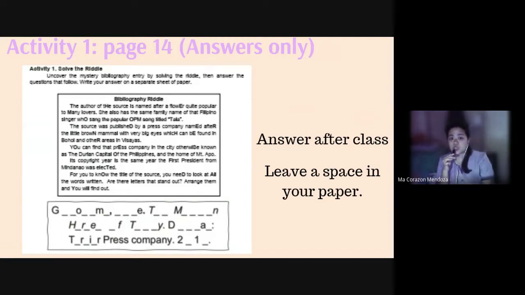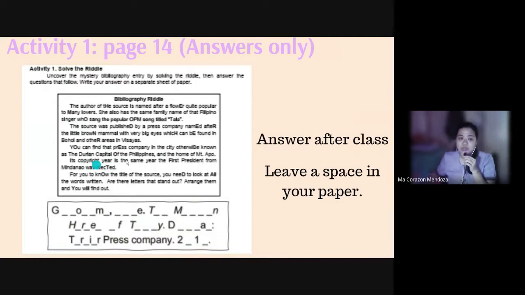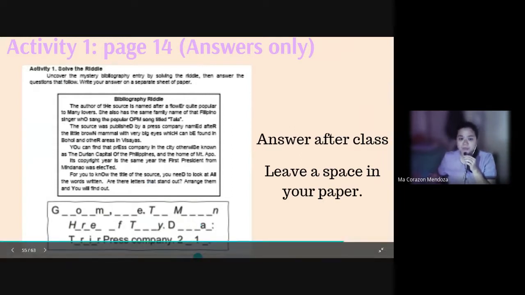Next, she also has the same family name as the Filipino singer who sang the famous OPM song titled Tala. What's her last name? So that's how you will answer it. You're just going to continue reading as you answer the riddle. I'm giving you 2 minutes to do that. Okay, go ahead.